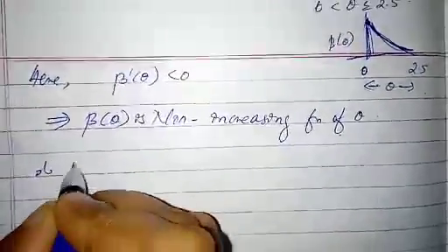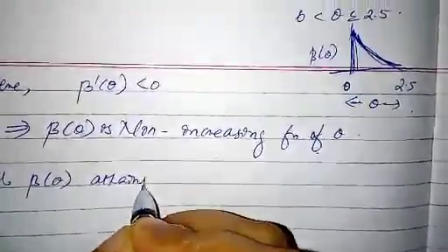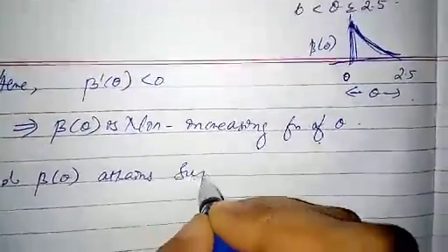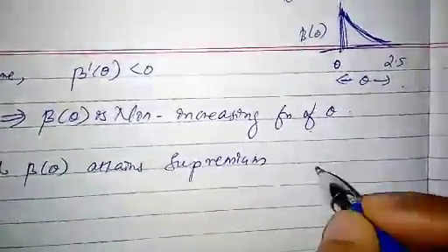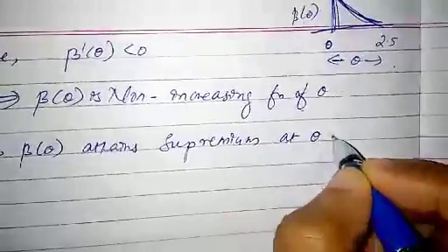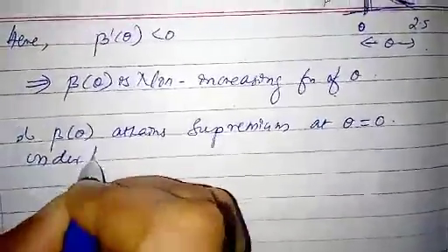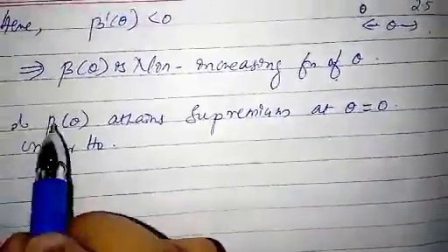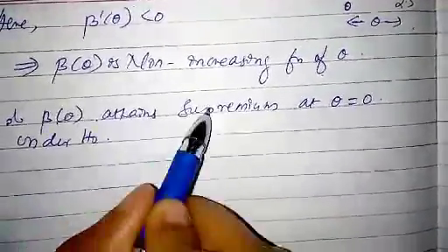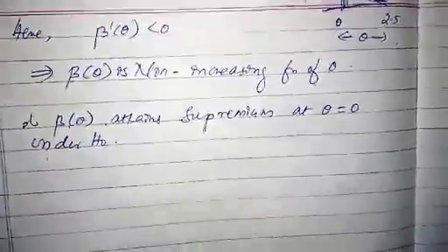Therefore beta of theta attains supremum at theta equal to 0 under H naught. Understood?